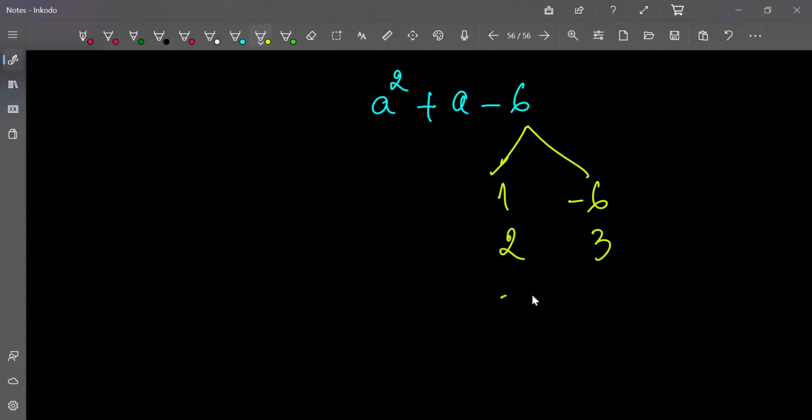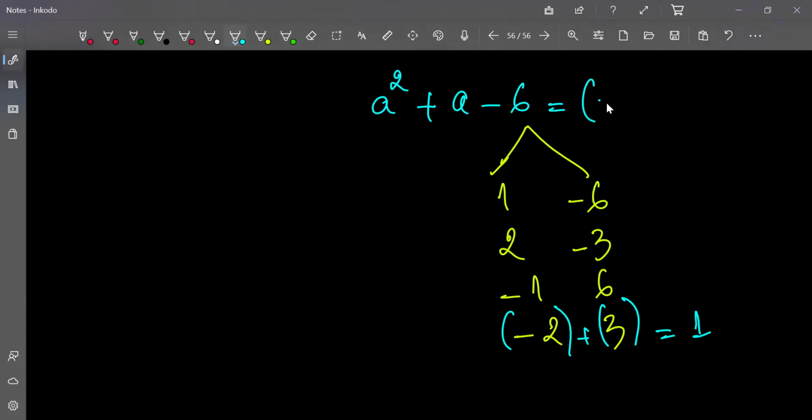And another pair is negative 1 and 6, and negative 2 and 3. Now find which pair adds up to positive 1. This is the pair that adds up to 1. Okay, so our expression becomes (x minus 2) multiplied by (x plus 3).